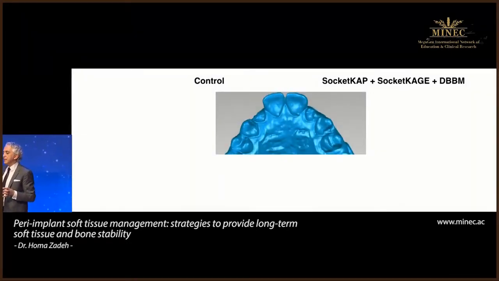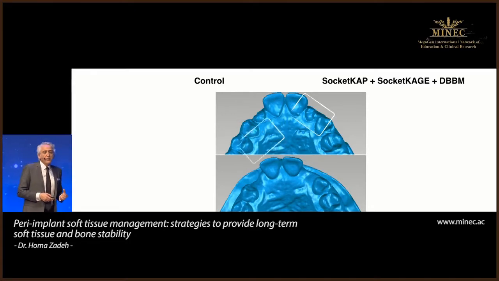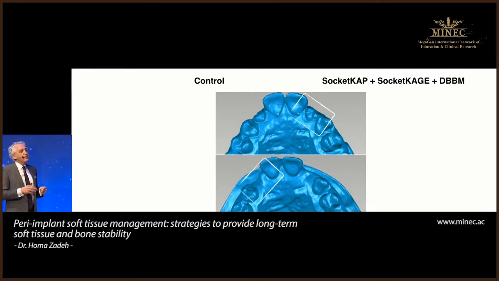So we've done this study with non-human primates to digitally examine the extraction socket, and we've published a number of papers on that as well as in clinical trials, to study the surface contour of the tissue, what happens with extractions that are either just undergoing natural healing versus those that have ridge preservation. You can see that where the tooth is extracted and ridge preservation is not performed, there is a big concavity in the tissue contour.